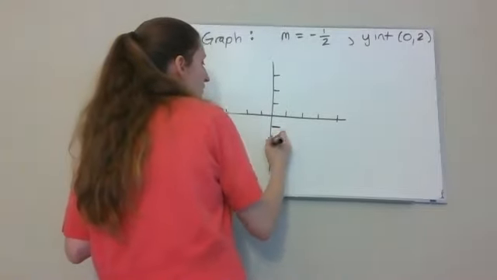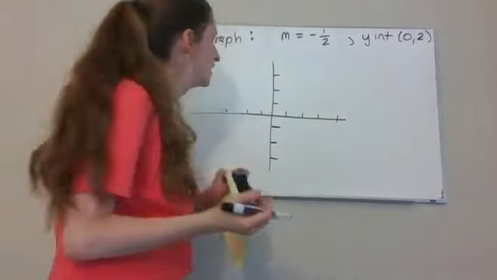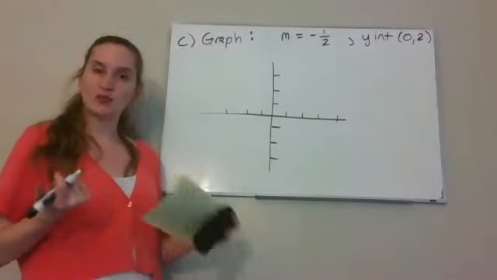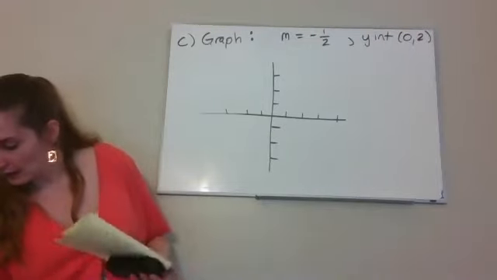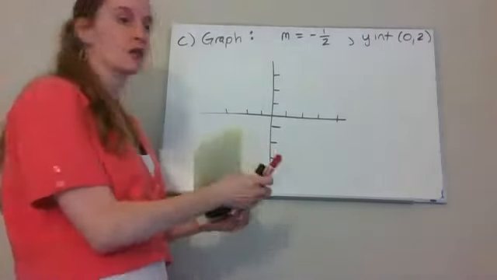And remember, to graph a linear equation, you only need 2 points. 2 points is enough to make a straight line. We have 1 point very clearly. We have 1 point that is our y-intercept.